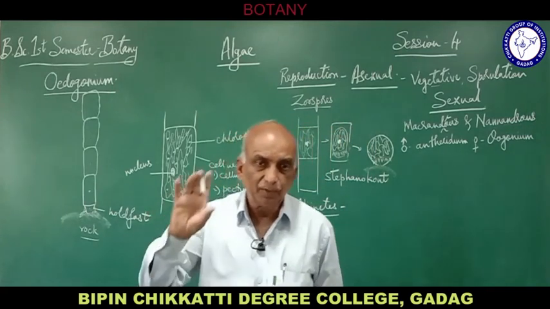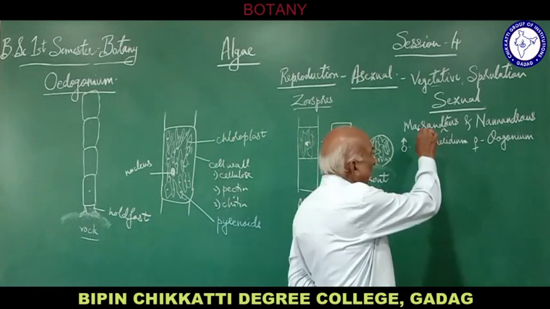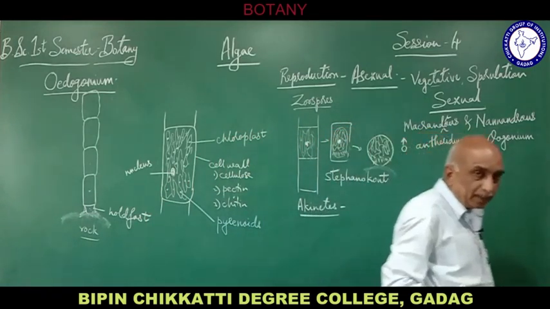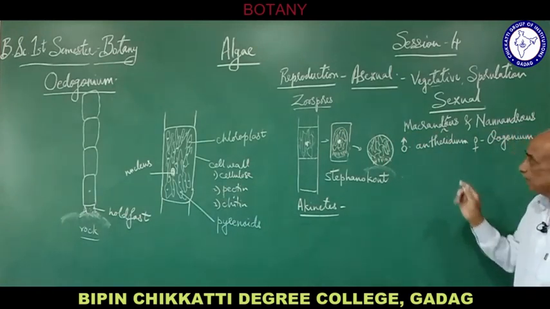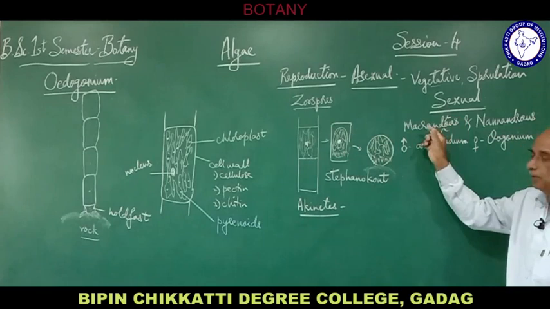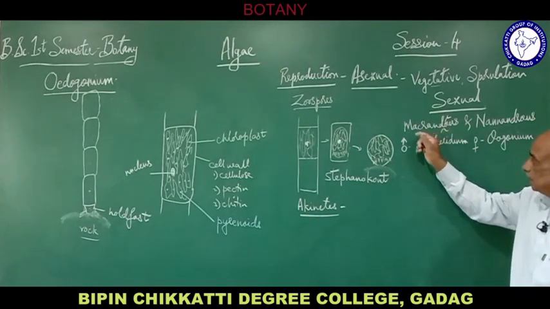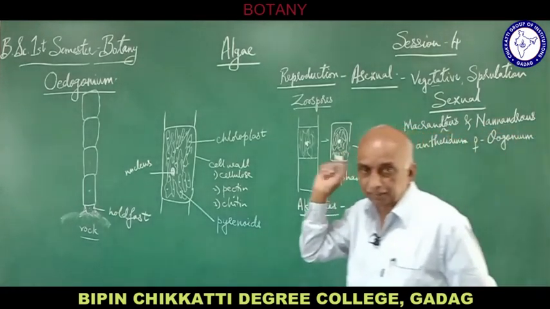These small dwarf filaments produce antheridia, whereas the normal filaments produce antheridia in macrandrous. So on the basis of the nature of the sex organs, particularly the antheridia, the reproduction in Oedogonium is macrandrous or nanandrous.